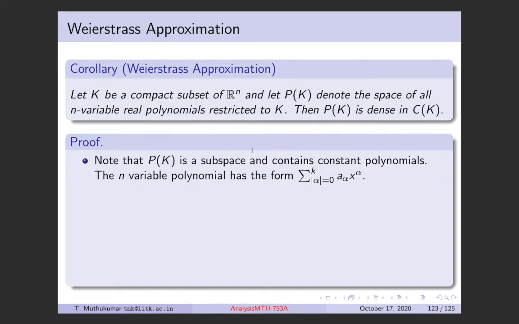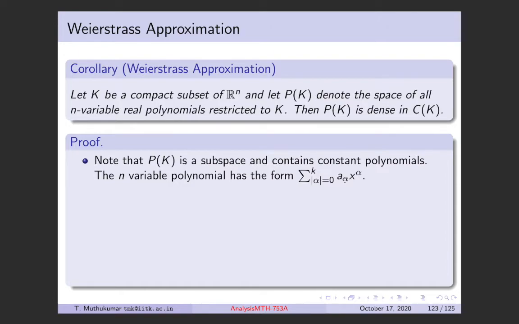It's very easy to verify that this P_K, that is the set of all polynomials, is a subspace, right? Addition, scalar multiplication, everything, it's closed under these operations, and it contains the constant polynomials, so it trivially satisfies those conditions. If you know the multi-index notation, then any n variable polynomial can be written like this, where this x is now n variables, x_1, x_2 up to x_n.